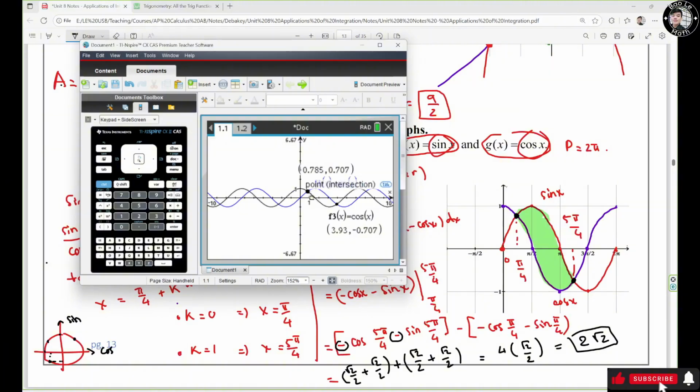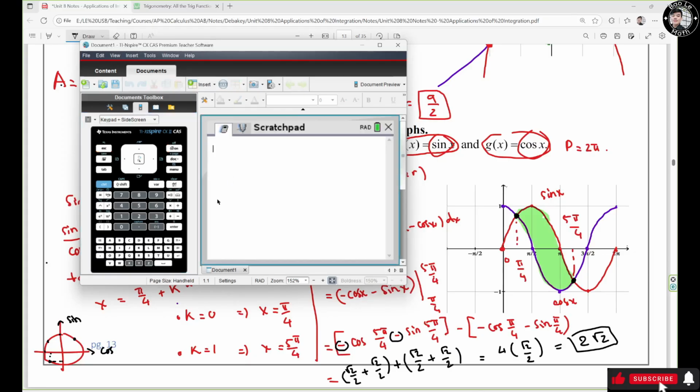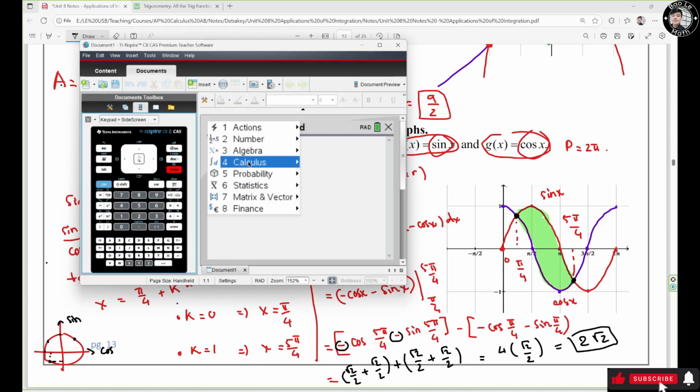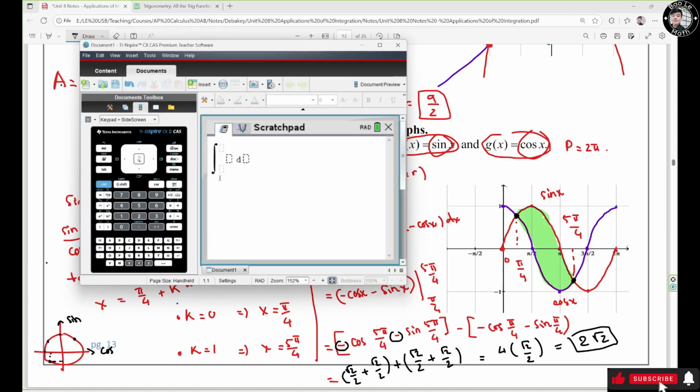And you know that within this interval, the sine function is above the cosine function. So you go to the home screen and hit calculate right here. Hit menu, calculus, the integral right here from 0.785 to 3.93 of sine of s subtract cosine of s ds.